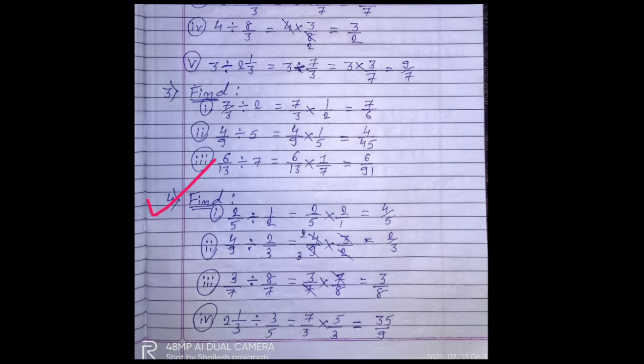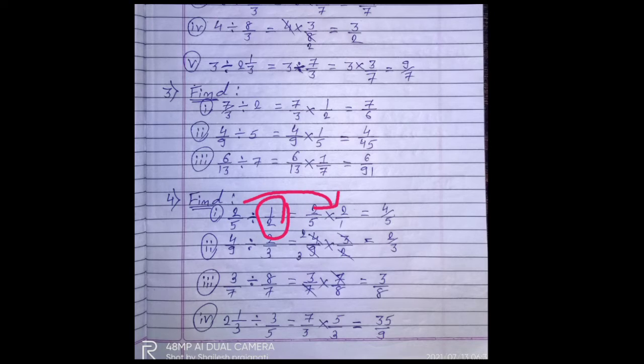Now same like that, question number 4, both numbers given here are fractions, so divide them. The rule is, first, instead of divide, write the multiplication sign, and second, the number after divide, whether fraction or integer, you convert into its reciprocal and multiply with the first number.